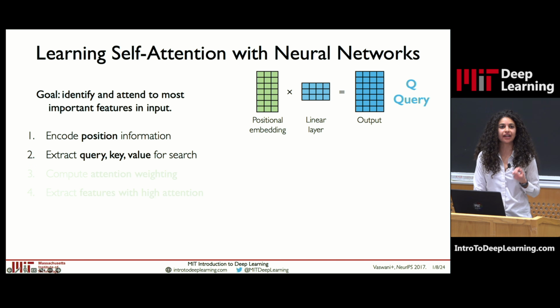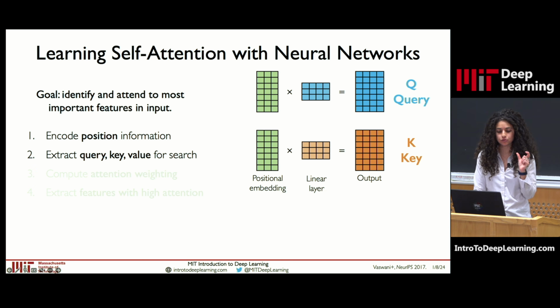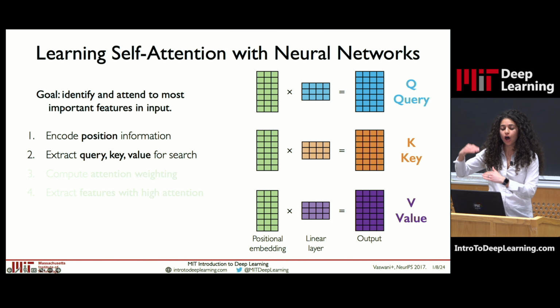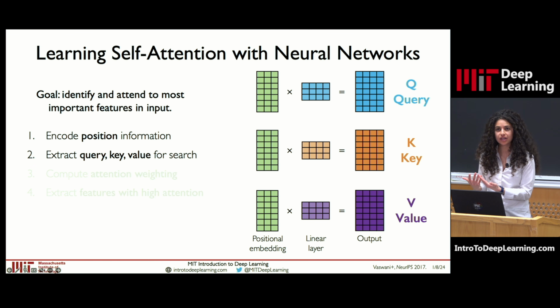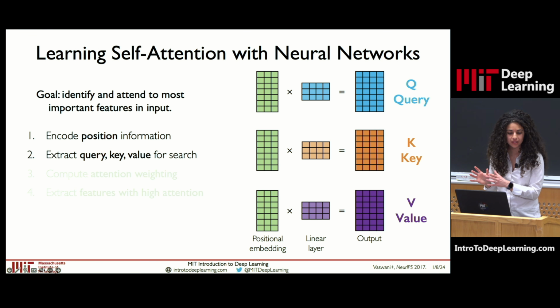In attention and in transformers, that same positional embedding is replicated three times across three separate neural network linear layers that are used to compute the query, the key, and the value. These three sets of matrices are the three principal components of that search operation that I introduced with the YouTube analogy: query, key, and value.